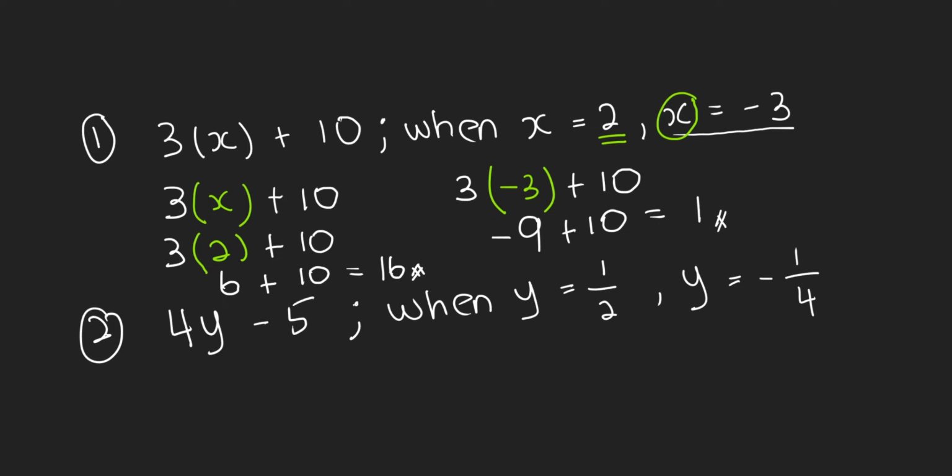Now, for some of you, this might be confusing. How in the world, when we have the same expression, that is 3x plus 10, does it yield different values? Now, understand this. This expression is made up with an input that can vary, which means it can take any value. So in this case, the question has given you two values for x.